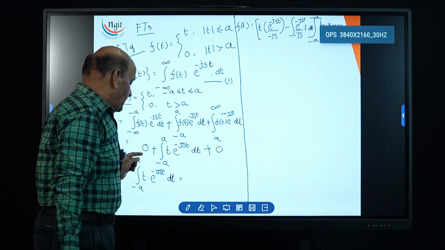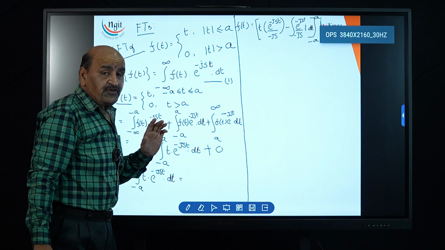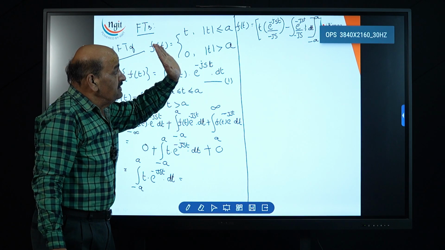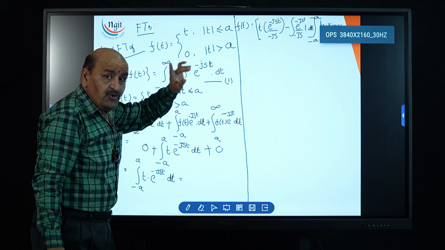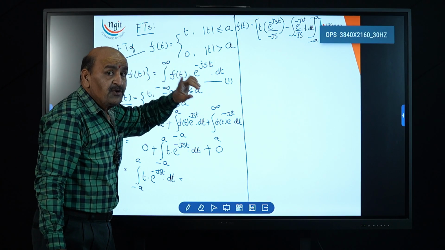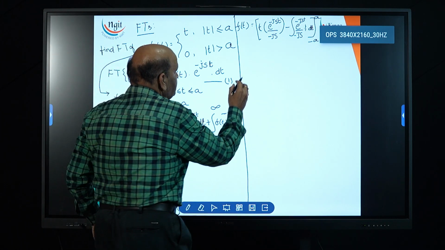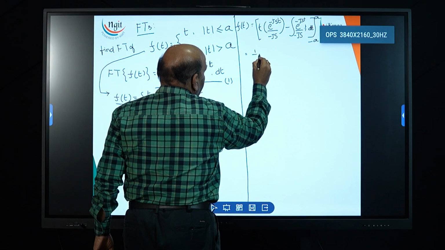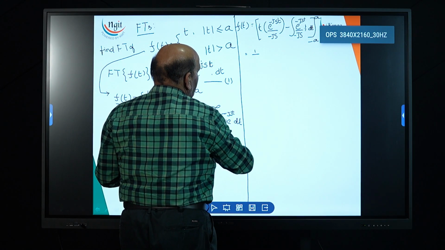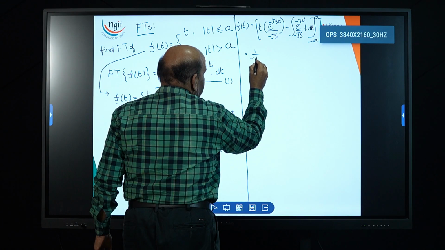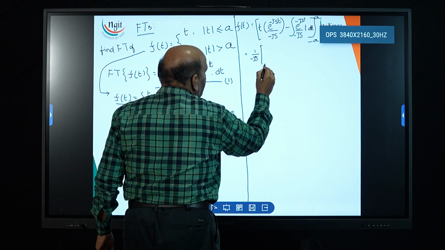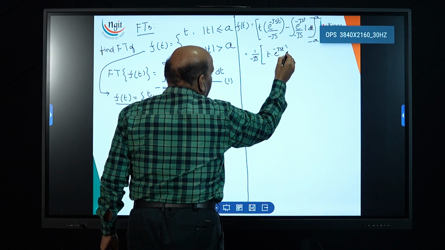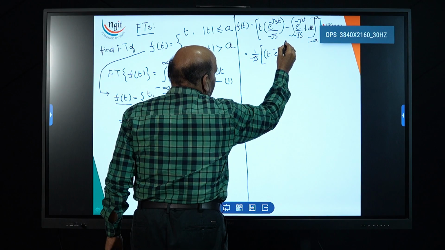Again I am telling you, don't substitute values once an integral is evaluated. It is always better to keep the limits until after the final evaluation of the total integral. Now, look at the constant we have in both cases: 1 by minus js, take the constant out. So now we have t times e power minus jst between the limits minus a to a.